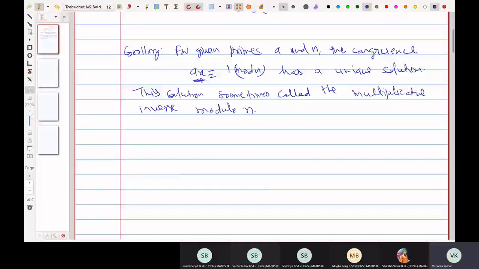So these were two important corollaries to the theorem we discussed yesterday.